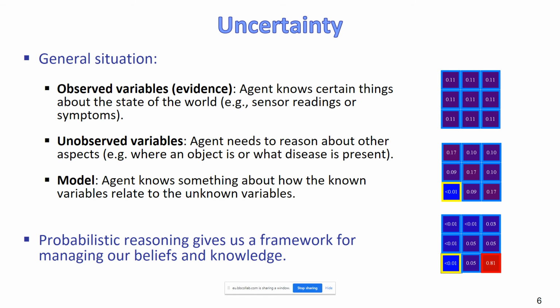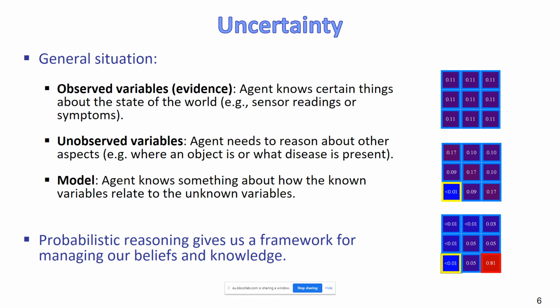We know that we got this red reading here, and green here, and orange here, and so on. We know that you have a high temperature. We know that the email has the word buy. So these are all evidence that we observed. We call these observed variables. Variables that we know the values of.